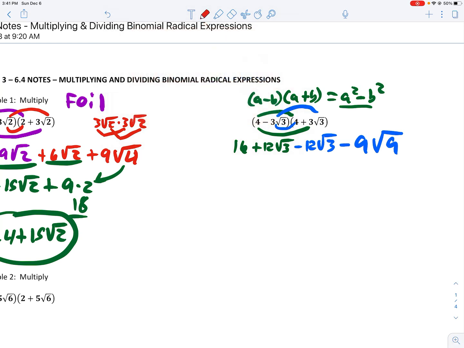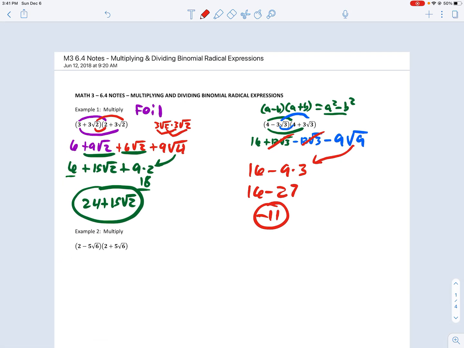The middle terms reduce away. So you have 16 minus 9 times the square root of 9, which is 3. So 16 minus 27. Again, if you would have recognized it was difference of squares, you would have gotten to that a little quicker than I did. So you end up with minus 11 as your product.